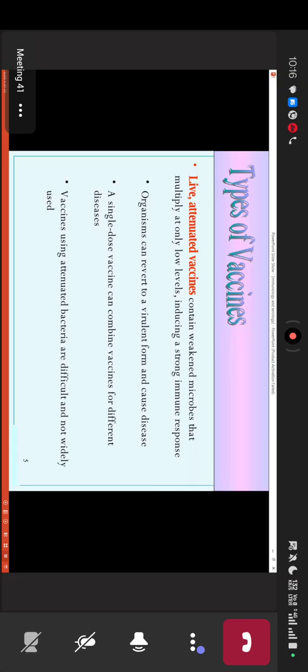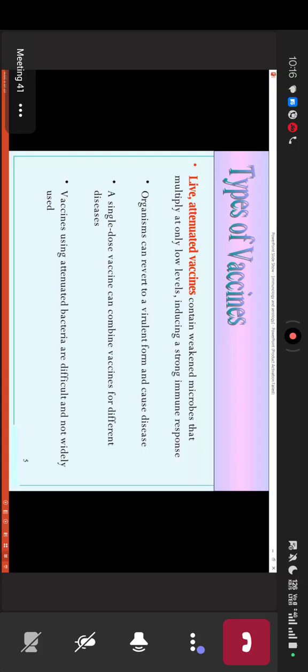So live attenuated vaccines contain live, or viable, microbes, but with a weakened multiplying system, their ability is only to induce our immune system to be strong, right?